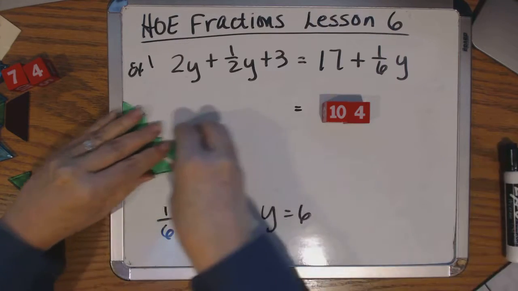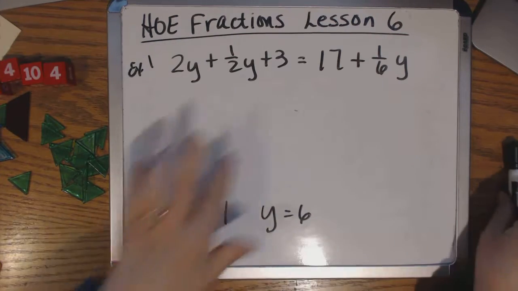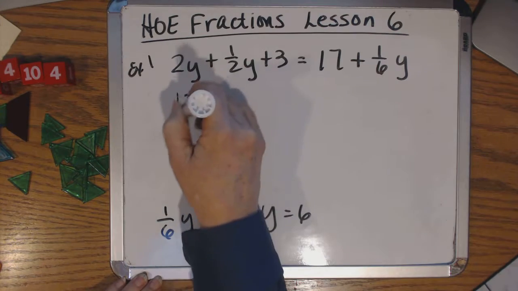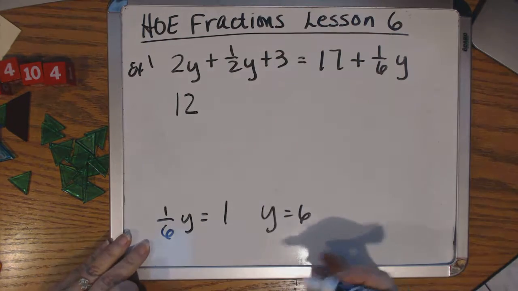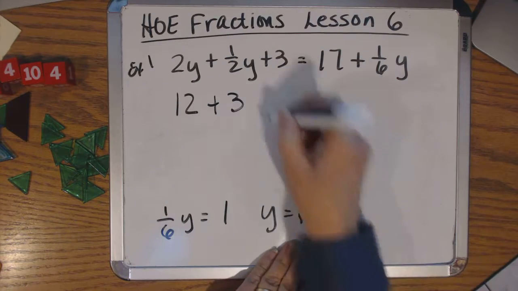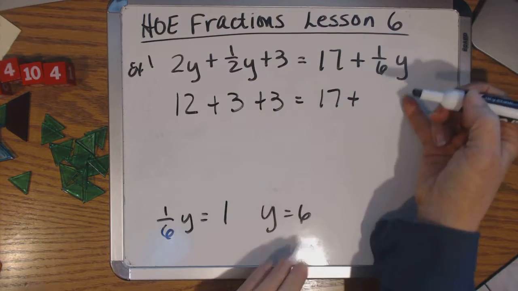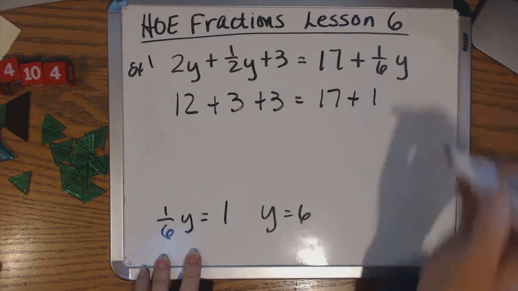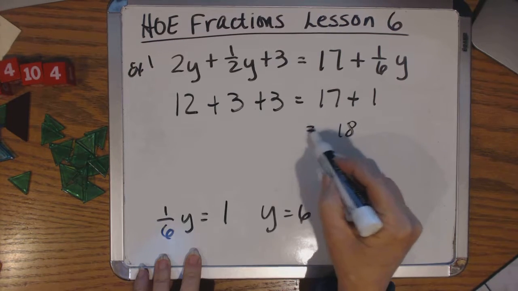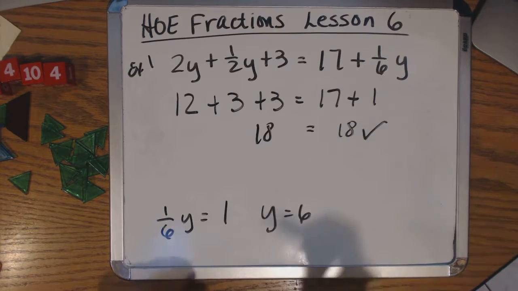Okay, so I'm going to check this. 2 y's would equal 12, plus half of a y, well, half of 6 would be 3, plus 3 more. Does that equal 17 plus 1/6 of y, which is 1? So we need to get 18. This is 18 is equal to 12, 15, 18. There we go. That's a check.